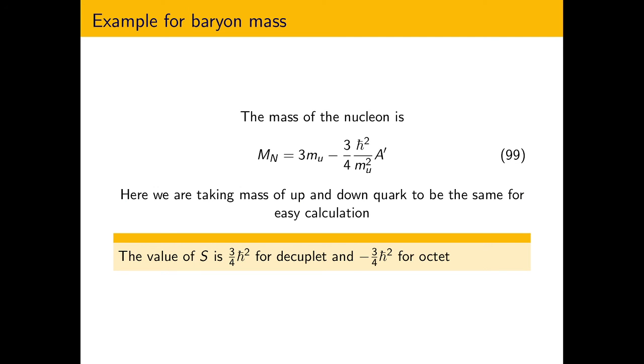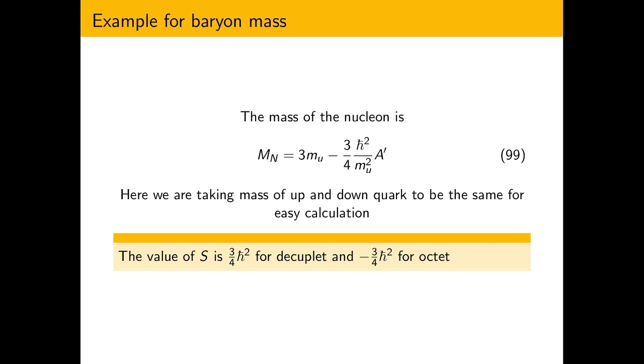The mass of the nucleon. Here we are taking the mass of up quark and down quark to be the same, such that M1, M2, M3 will be the same, so we can put it as 3 mu. The value of S, in the previous equation we saw S1 S2 plus S1 S3 plus S2 S3. Those values, when we calculate, the value for octet will be minus 3 by 4 h bar square, and the value for decouplet will be 3 by 4 h bar square.